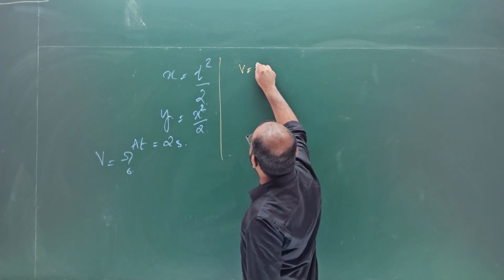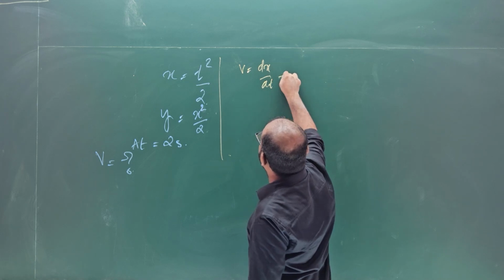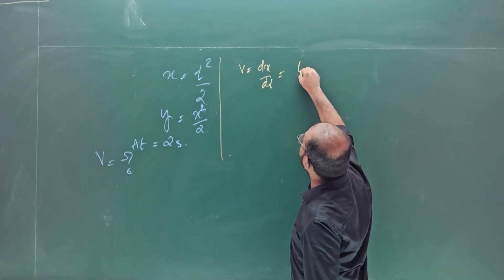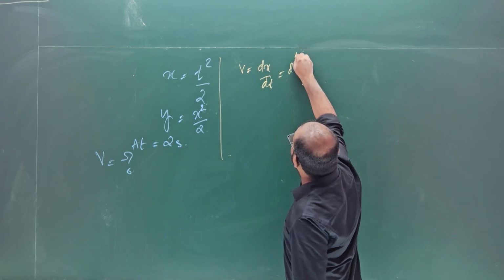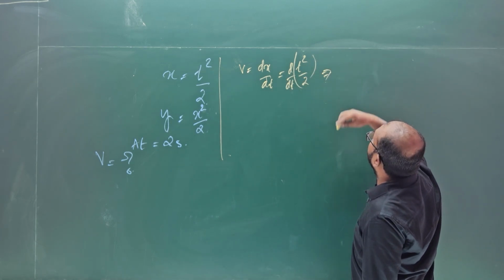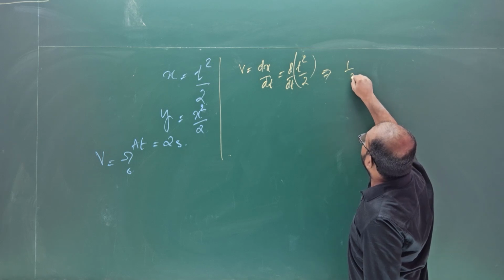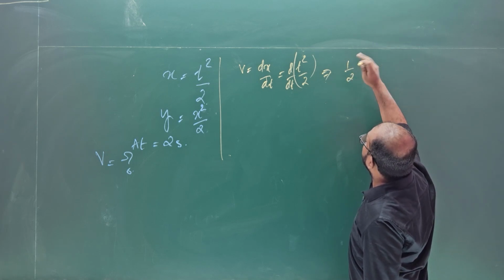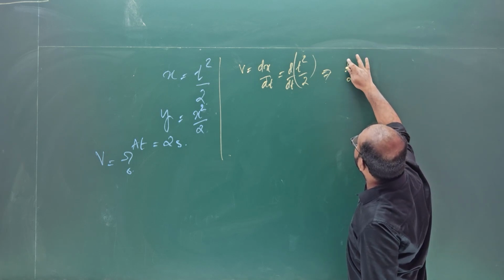V is equal to dx upon dt, and x is t squared upon 2. This can be written as 1 upon 2, t squared becomes 2t.